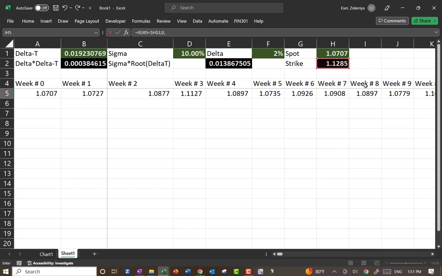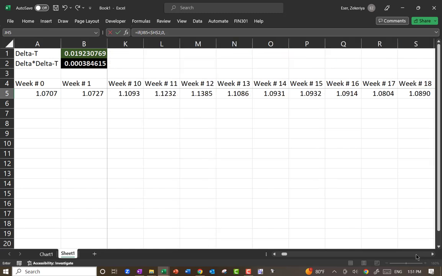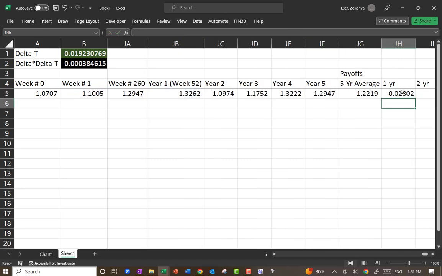Otherwise, the difference between the two, it's basically B5 minus $H$2. Or J5, not B5, I'm sorry.